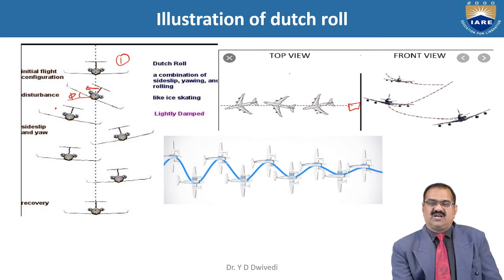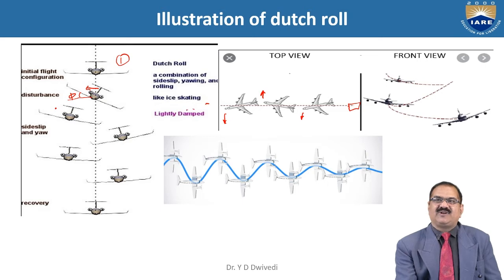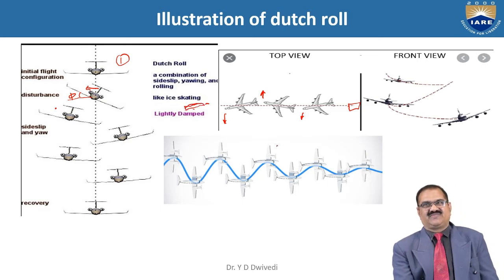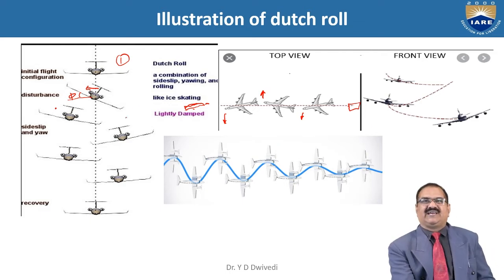Due to the aircraft wing rolling in one direction, the aircraft has started yawing in this direction, again in this direction, and after some time it will return to the original straight line. The same, if you see from the front, I have shown here.